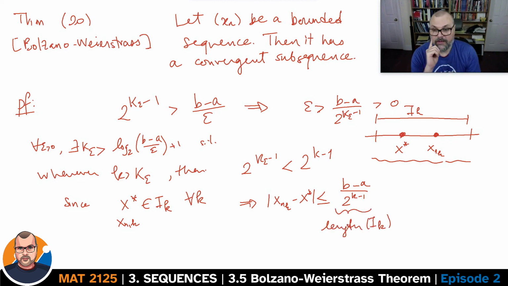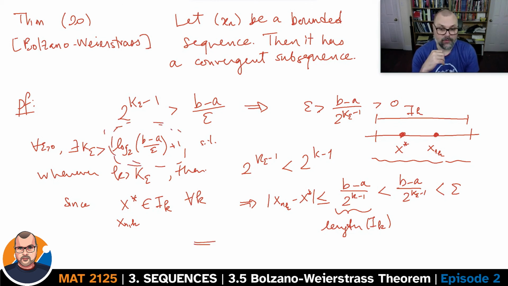Now we've picked our k epsilon to be such that, whenever (b minus a) divided by 2 to the k minus 1 is smaller than (b minus a) divided by 2 to the k epsilon minus 1, this will actually be smaller than epsilon. That's how we picked the k epsilon right here.